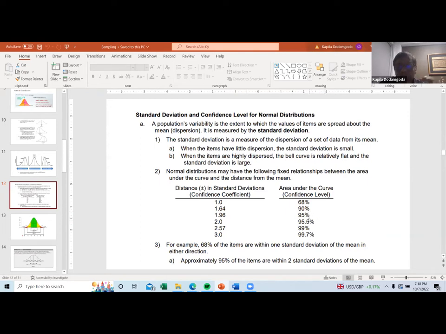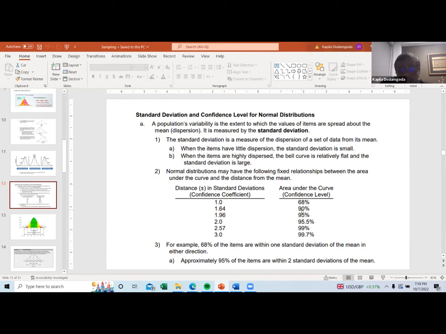Got it? Or else, if our standard deviation is 10 and mean is 100, 1.64 standard deviations is 16.4, which means 100 minus 16.4, which is 83.6, and 100 plus 16.4, which is 116.4. So that 83.6 and 116.4, that is the 90% confidence interval.